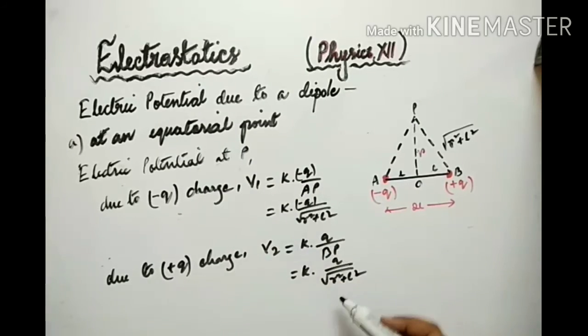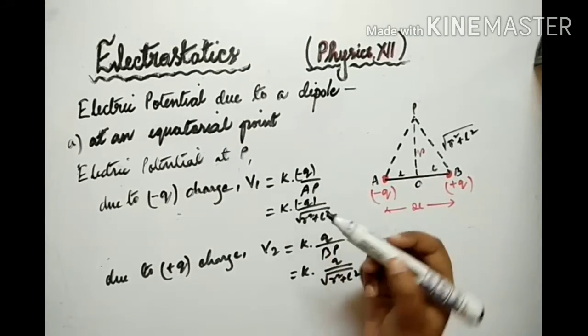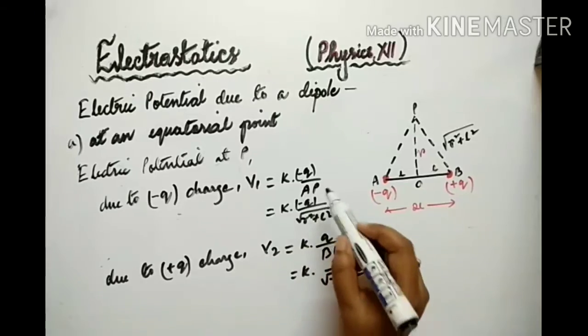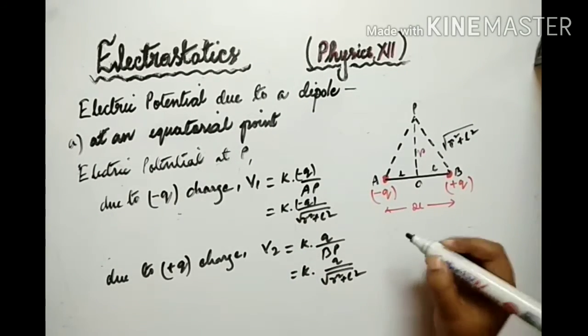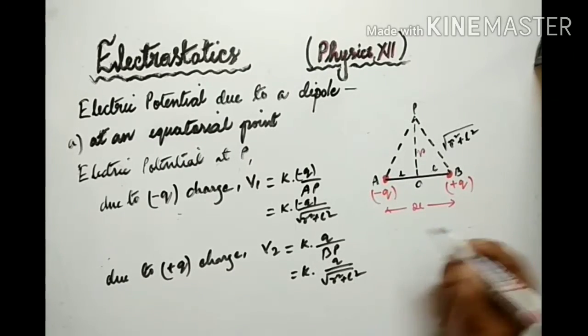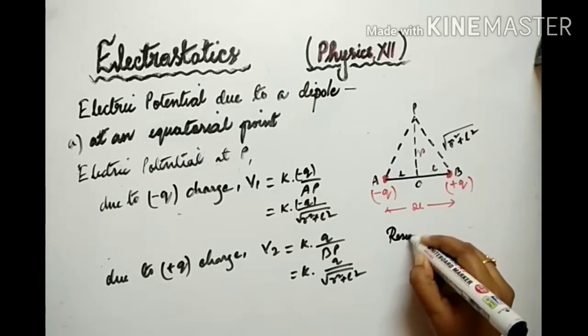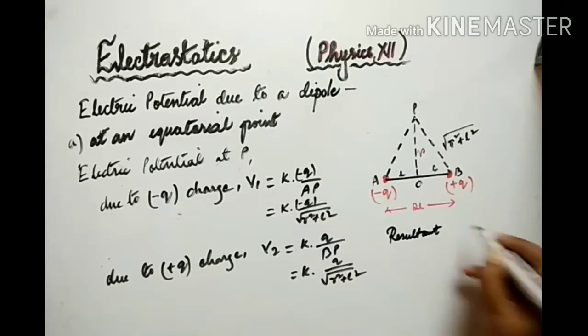As you can see, if you leave the sign, the magnitude is the same in both cases. We have to find the resultant V here.